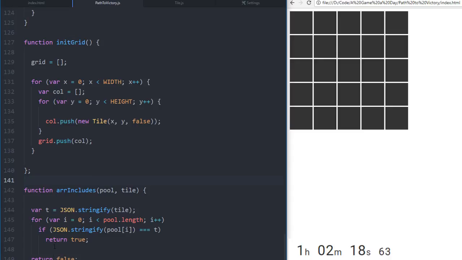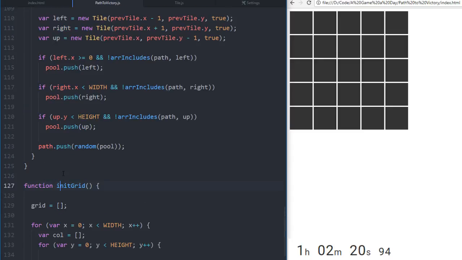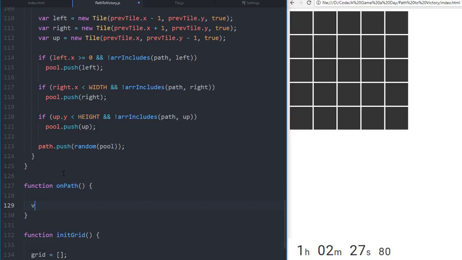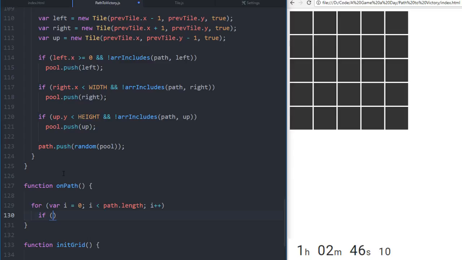Wow, we have a lot of things in here. Init grid, function on path. For var i equals 0, i is less than path.length, i plus plus. If it equals the same up to those points.